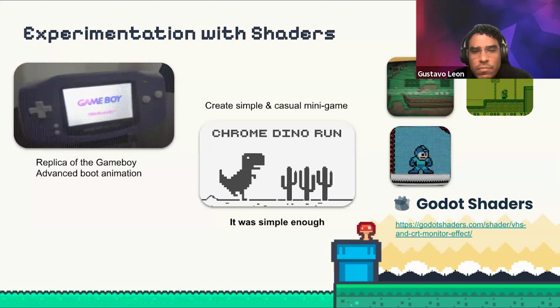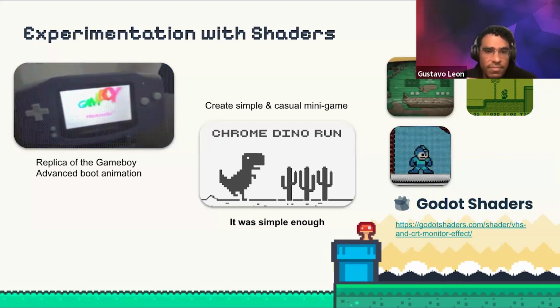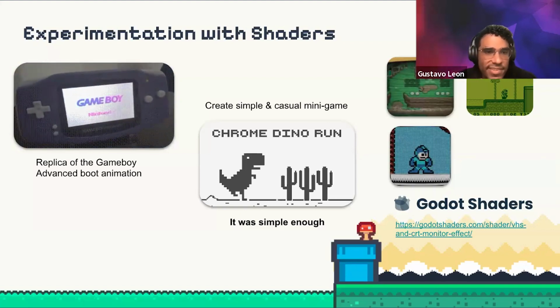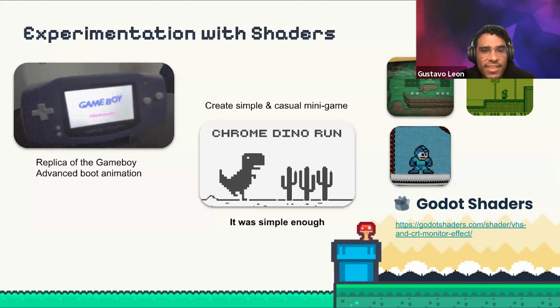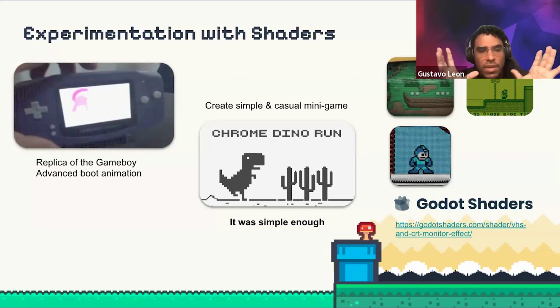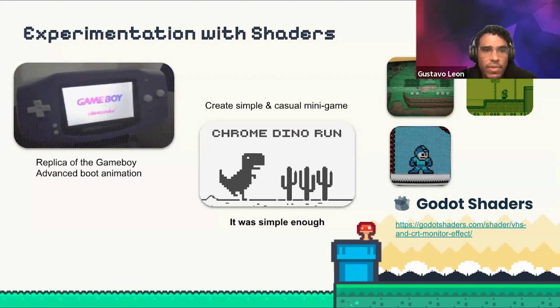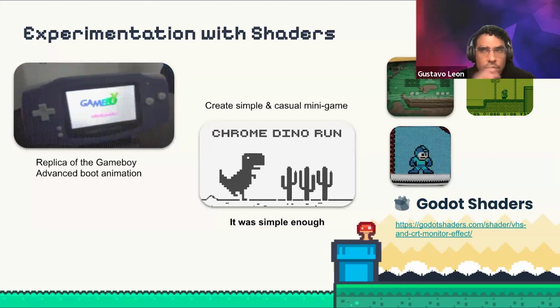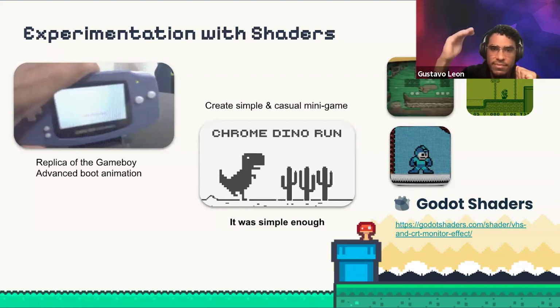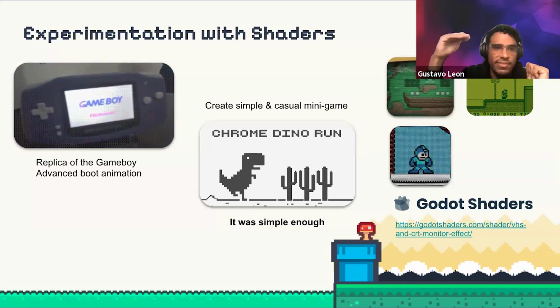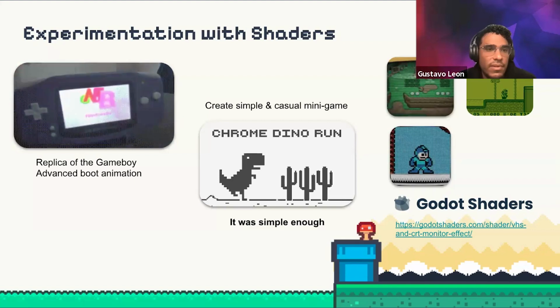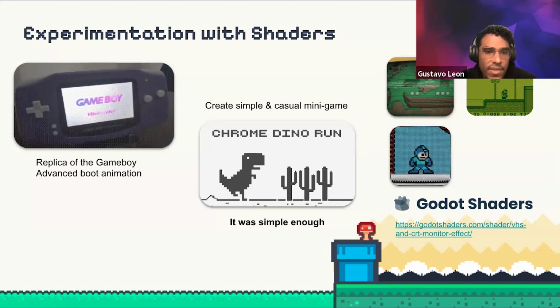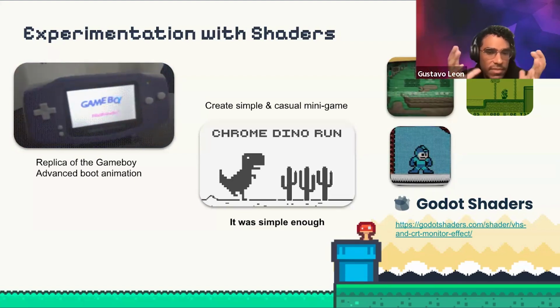Then I thought of the Dino Run game from Chrome, which you all probably know. It was simple and cool, simple enough to play with a single button, and you just have to avoid airborne obstacles. So that was the simple idea.